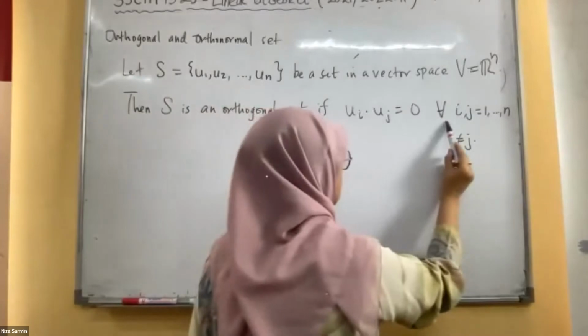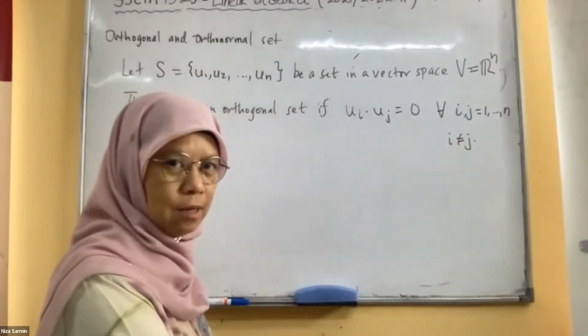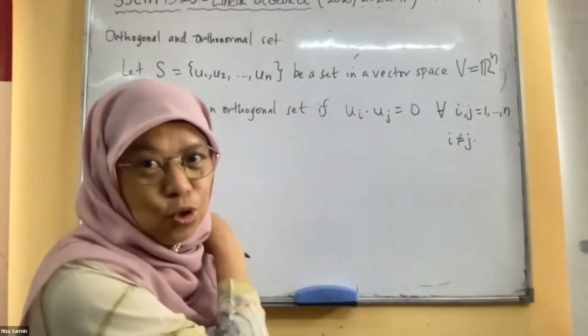For all i, j from 1 until n, but they cannot be equal. You don't dot a vector with itself.